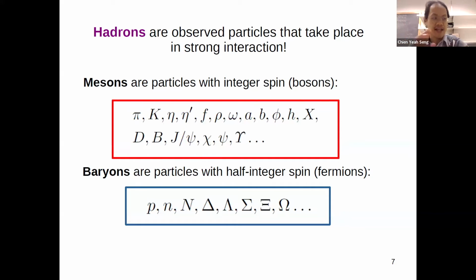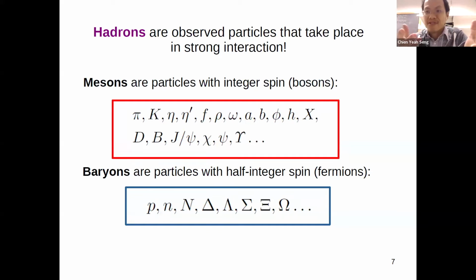In general, we classify the hadrons into two types: the mesons, which are hadrons with integer spin, namely they are bosons, and the baryons, which are hadrons with half integer spin, namely they are fermions. The well-known pion, kaons, and eta, for instance, fall into the category of mesons, whereas the proton and neutron are baryons.